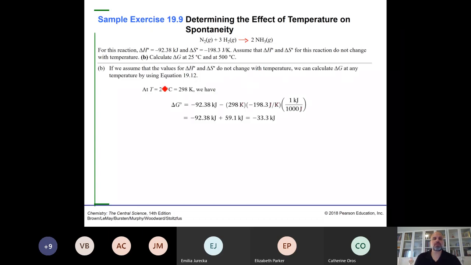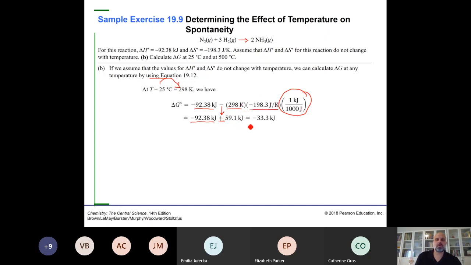So at 25 degrees Celsius, we need to convert to Kelvin. So it's 298 Kelvin. We have our delta G is minus 92.38 minus 298 Kelvin times the minus 198.3 joules per Kelvin, multiplying by our conversion factor to convert over to kilojoules. So we can see we have minus 92.38, and you can see now we go from a negative to a positive because we multiply two negatives together.